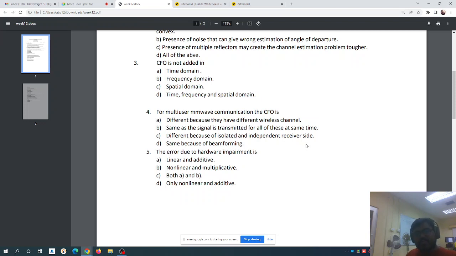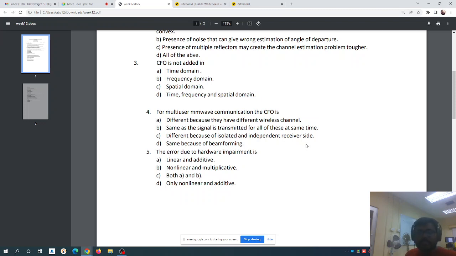So for this error we cannot conclude like the thermal noise that is additive and Gaussian in nature, but the errors due to the power amplifier are somehow non-linear in nature. You can think like it amplifies until a certain region, then it just saturates all the gains, that type of thing.